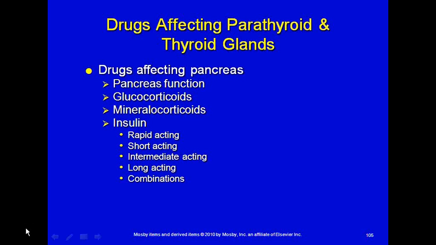Drugs affecting the pancreas. Now the pancreas is important because of two things. It releases insulin, and it does release pancreatic fluid, which is used to digest amino acids and fats. So the pancreas is extremely important.